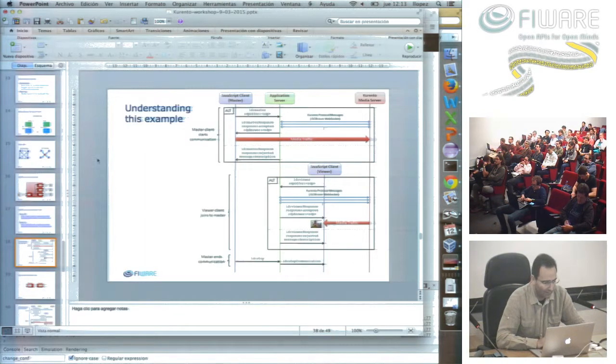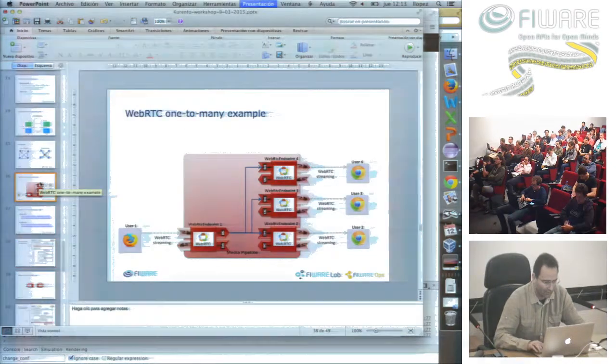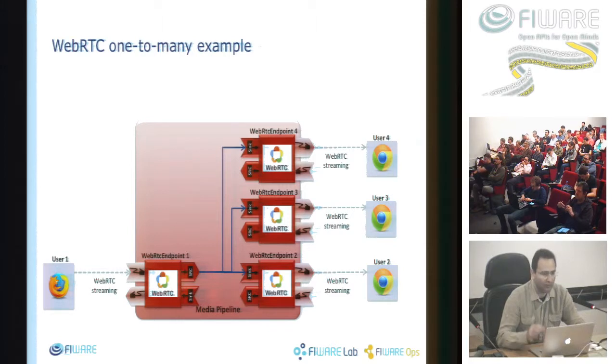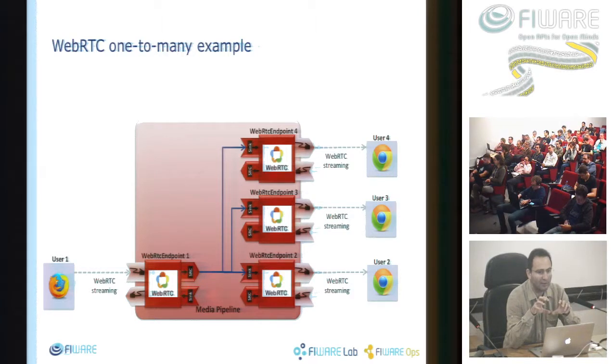So this is basically the idea of this application. If you want to see the code, it is a little bit more convoluted in this case. I can show you later in the lab sessions, but in essence it is quite simple. It is just creating the different WebRTC endpoints and connecting them. That's all.